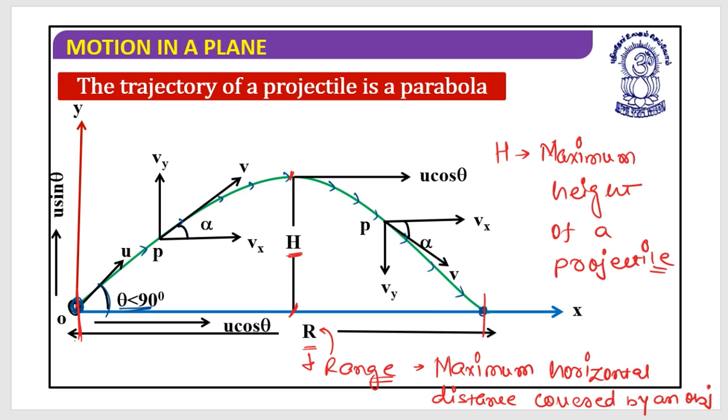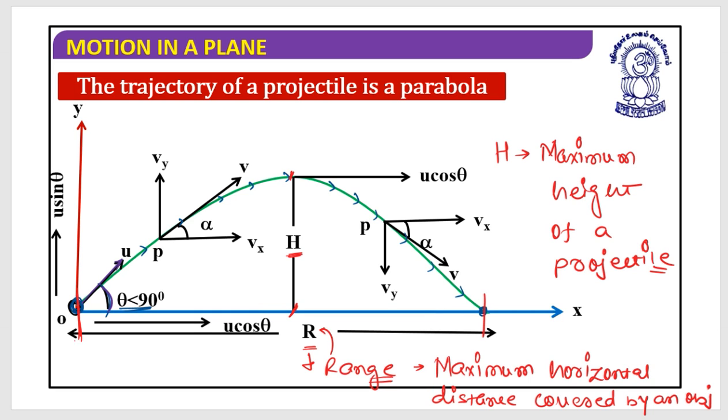Now look at some other aspects also. I have thrown this with angle theta. When we discussed vectors, we discussed the resolution of vectors, that we can divide a vector into two rectangular components, cos theta and sin theta.